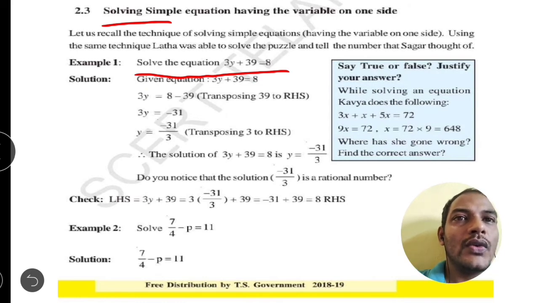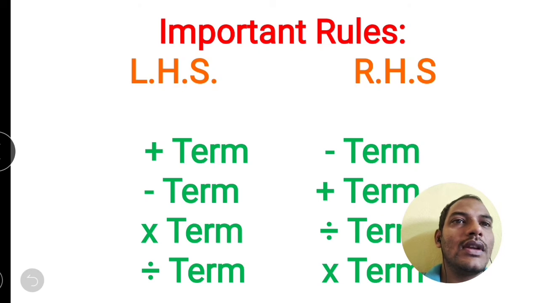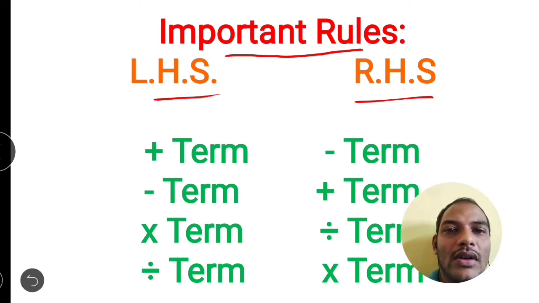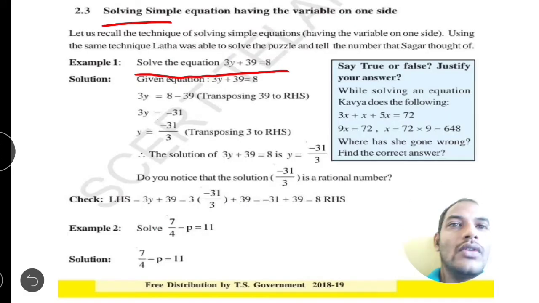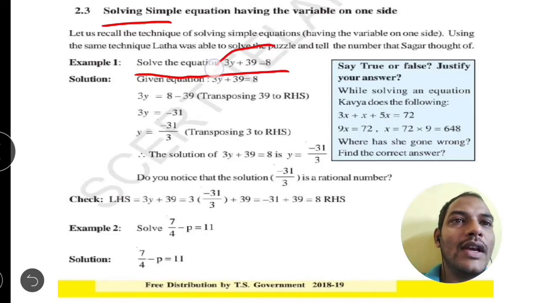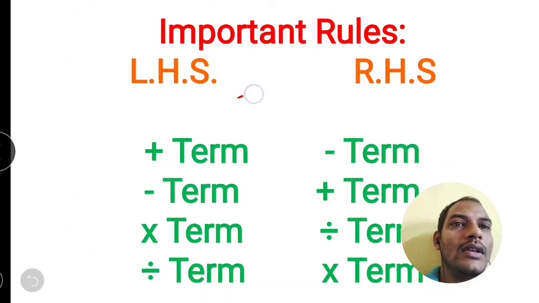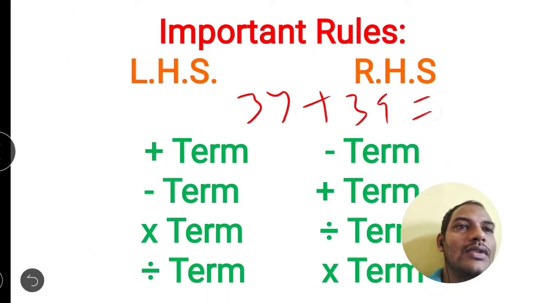Before doing this problem, I will explain some important rules: LHS and RHS. Do you know about LHS and RHS? Let's go to example 1. 3y plus 39 equals 8. LHS means the left hand side of the equal symbol.